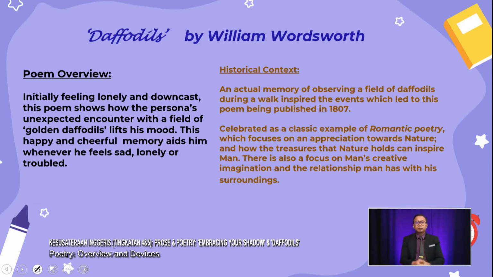Very much like Hanif's answer earlier, liberated, that sense of freedom from the initial sadness that he feels. We later realize that what the persona is trying to express is how that memory, happy and cheerful memory, remains with him and helps him whenever he feels sad, whenever he has a moment of trouble.